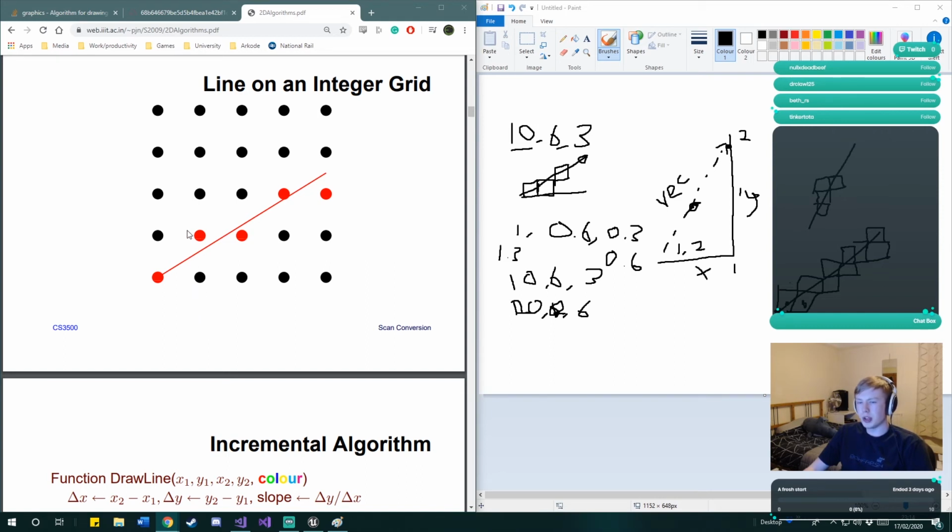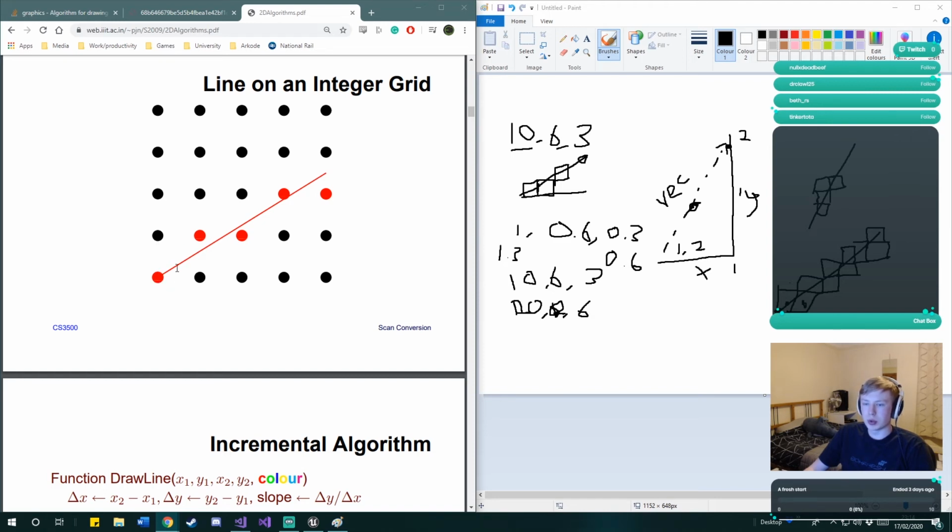What I could also do to make it connected is, what I would guess to do is say if it's changed direction, so let's say it's changed in more than one axis.